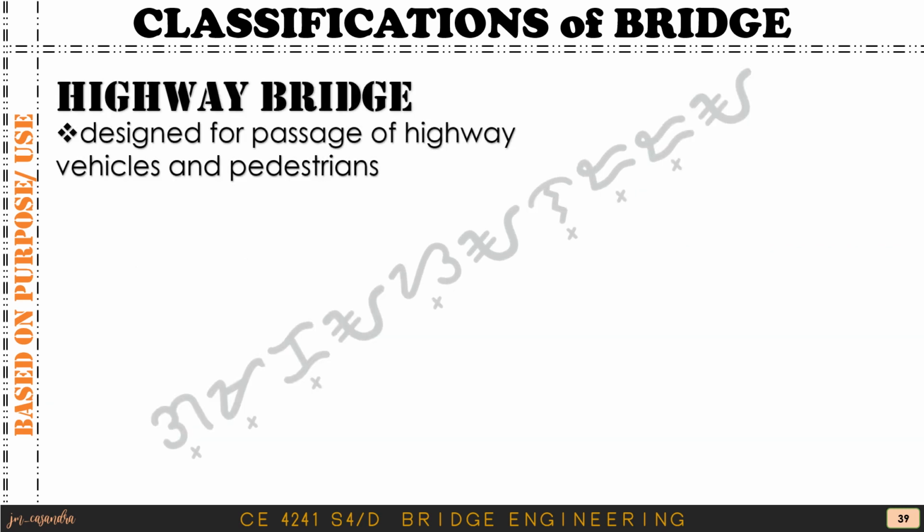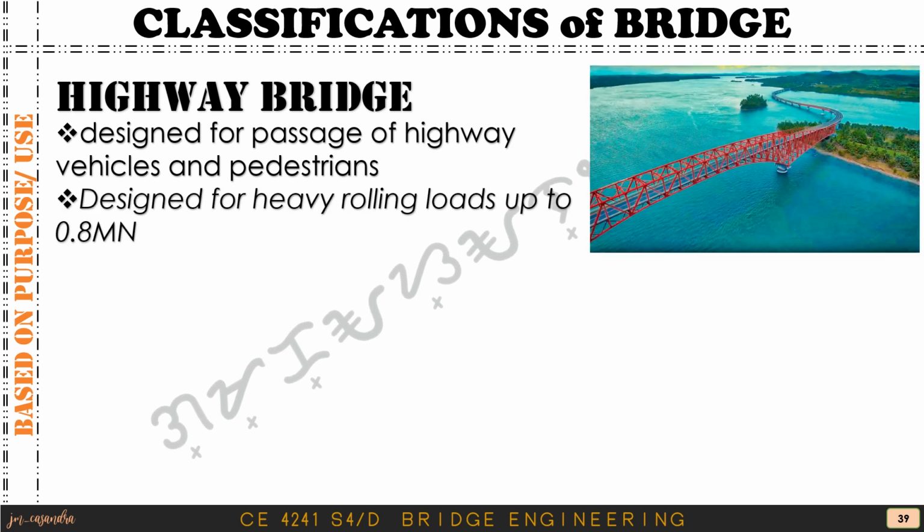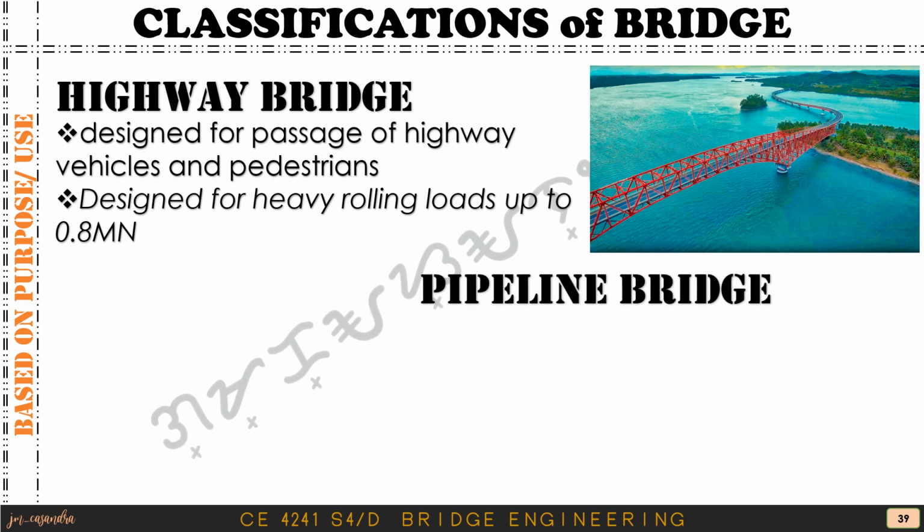We have highway bridges. It's designed for the passage of vehicles, and for some, it also allows passage of pedestrians. It's designed for heavy rolling loads, up to 0.8 mega newtons. This is the San Juanico Bridge, the longest bridge in the Philippines.